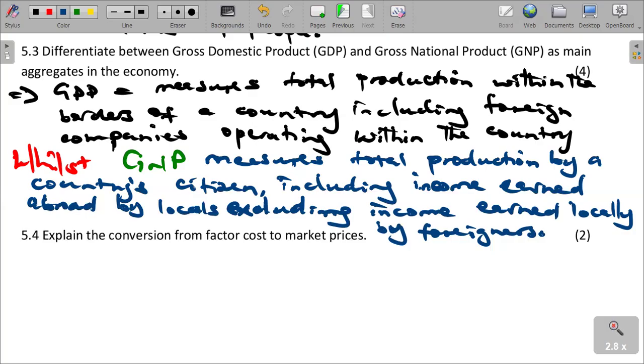And then 5.4: explain the conversion from factor cost to market prices.